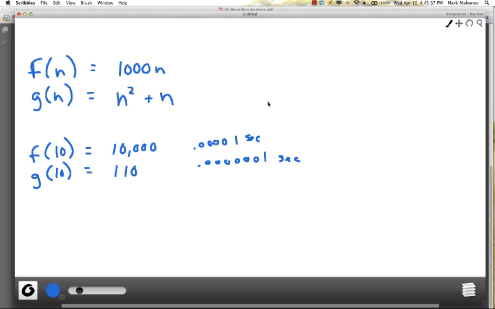We have to re-examine these algorithms and say, well, what happens when n is really big? So let's put some bigger numbers in here. Let's say f of 100,000. Okay, so if we plug 100,000 into f, 1,000 times 100,000 is 100 million critical operations.